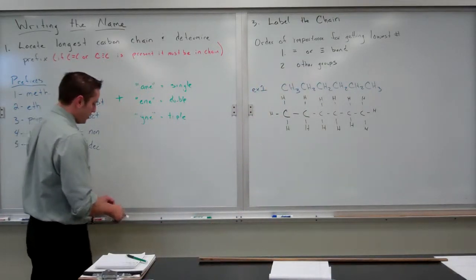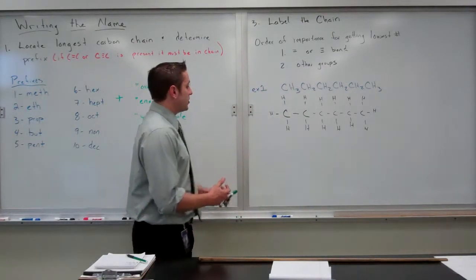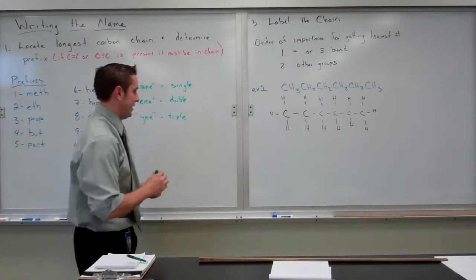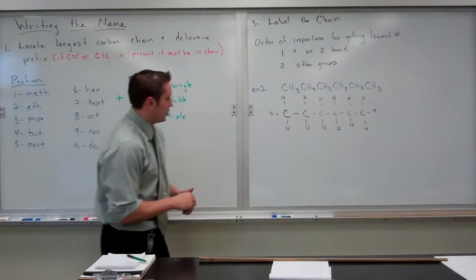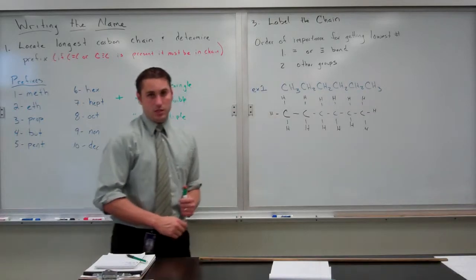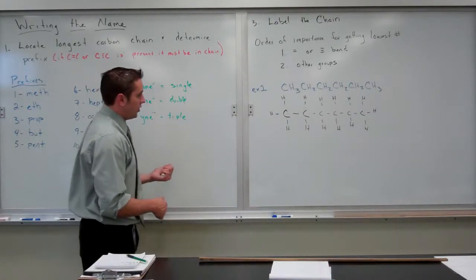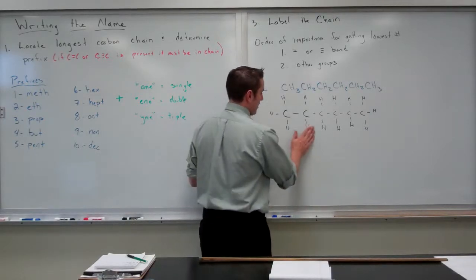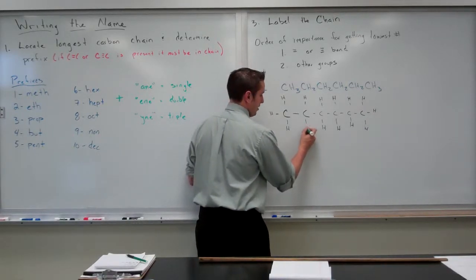So if I want to name this thing, the first thing I'm going to do is find the longest carbon chain that I see. Right? So I see a string of 1, 2, 3, 4, 5, 6 carbons. That is the longest chain. There were no carbons off of this, though you will see things like that at times. This could have happened.